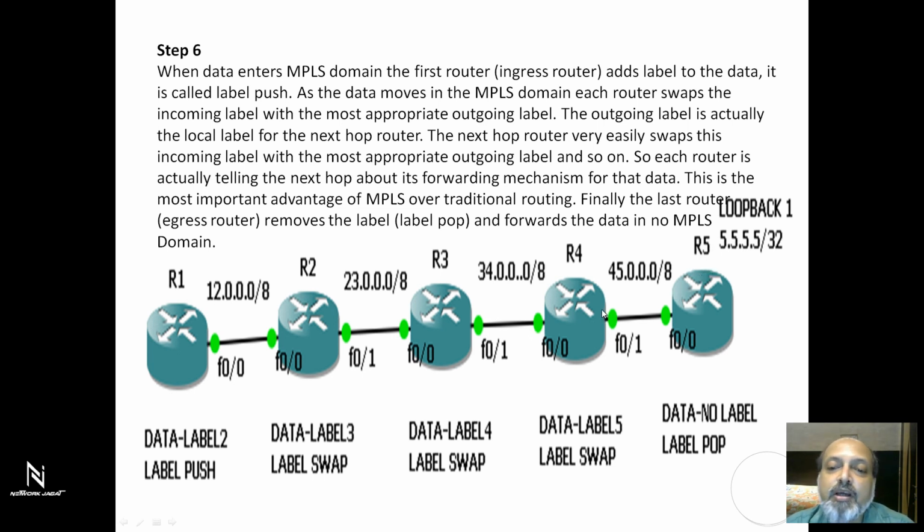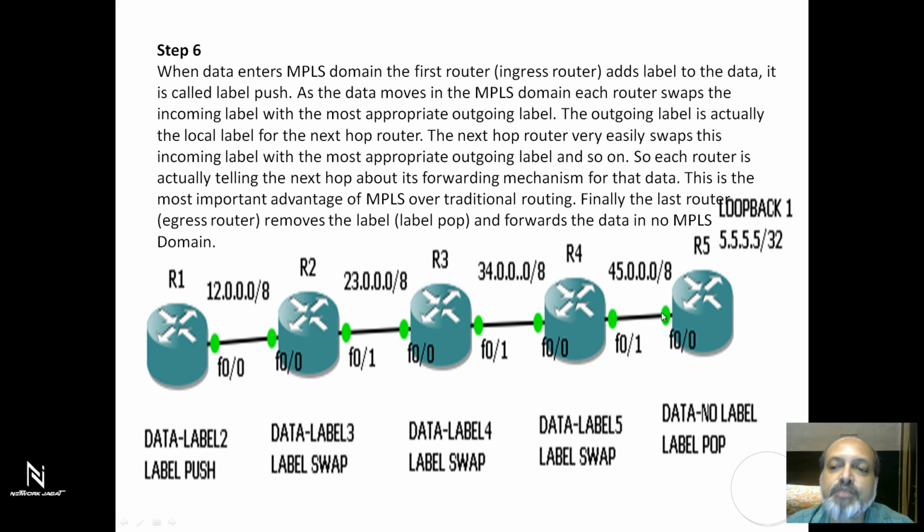Now, how come R4 understands that it has to pop the label only for 5.5.5.5 and not for other destinations connected to R6 and so on?